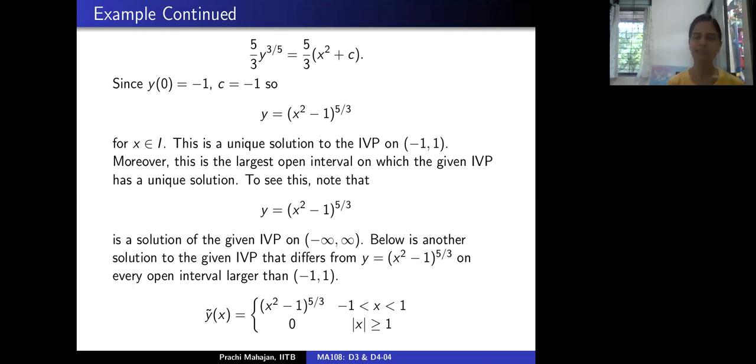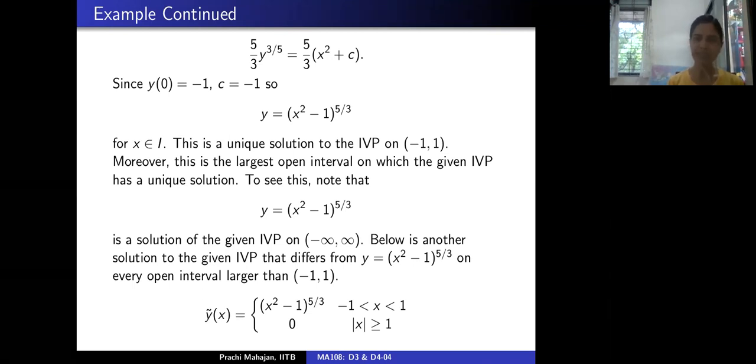Outside the interval -1 to 1, we can only guarantee so much. The uniqueness theorem is due to Picard and Lindelof. The existence theorem is due to Peano. Outside the interval -1 to 1, the Picard-Lindelof theorem does not tell us anything.